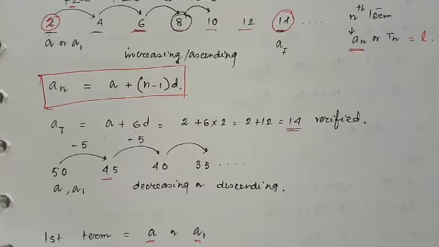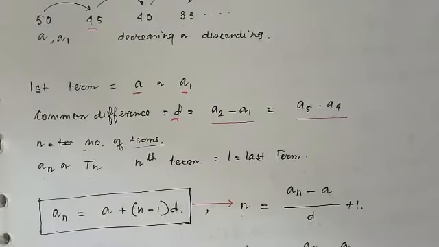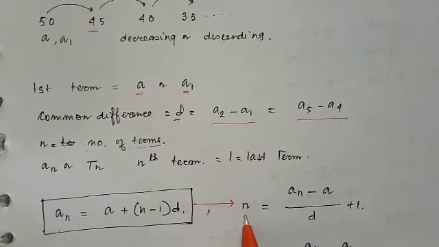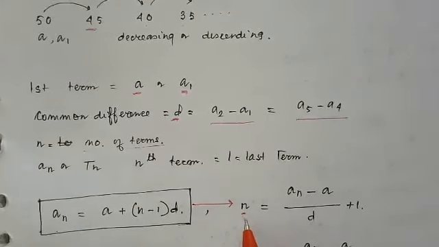From this we can derive n is equal to (an minus a) by d plus 1. So if you keep this expression in mind, you can save your time for finding the number of terms.